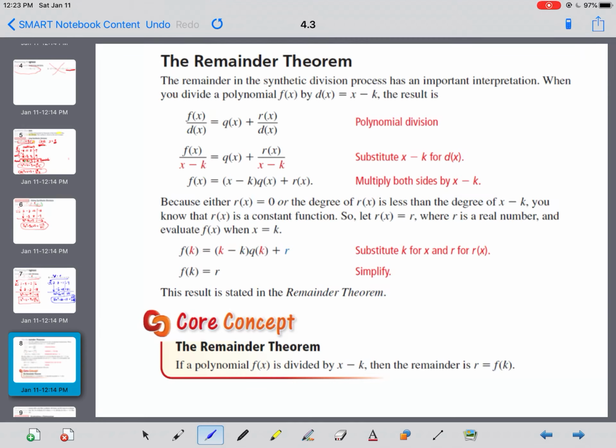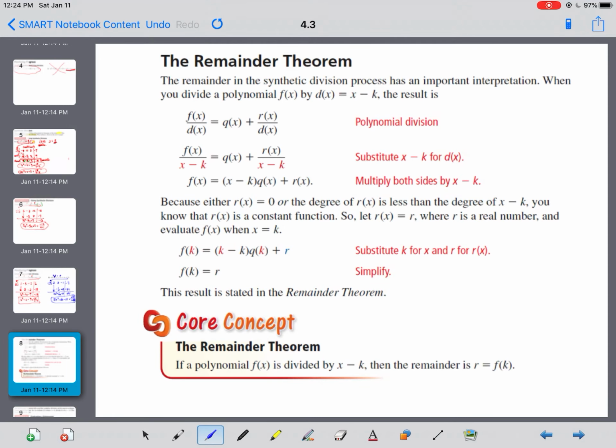When you divide a polynomial called f of x, like Fred, by d of x, the dividing thing, like David, and you're dividing by a binomial x minus k, the result is all of this mathy junk.